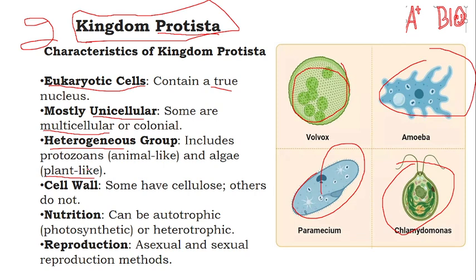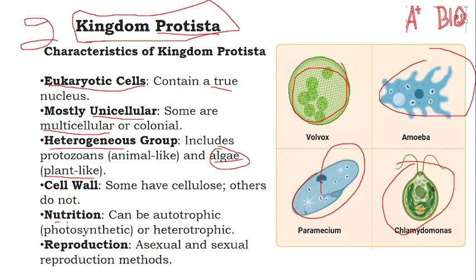When we say algae is an example of Protista, algae have chlorophyll, a green pigment, which can absorb sunlight so they can carry out photosynthesis like a plant. That's why they are called plant-like. Some have a cell wall made of cellulose, while others do not, so not all of them have a cell wall.